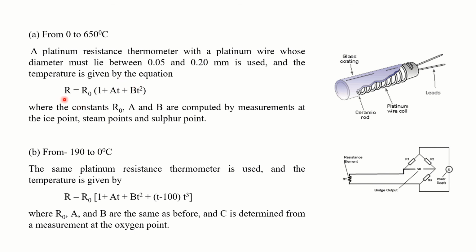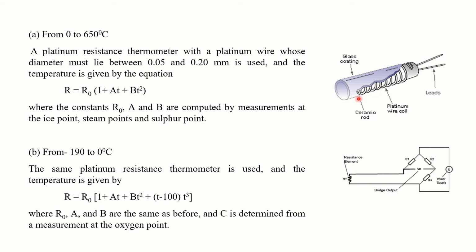Then you have the equation R with known values of R0, A, and B. Now use the thermometer for measurement of temperature. If you know the resistance value, by solving this equation, we can always obtain the temperature value.